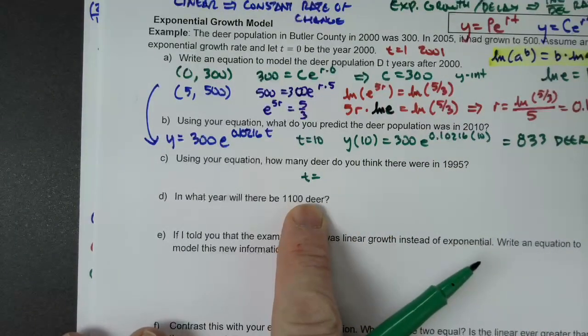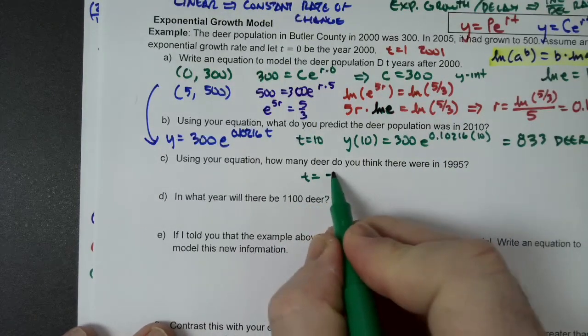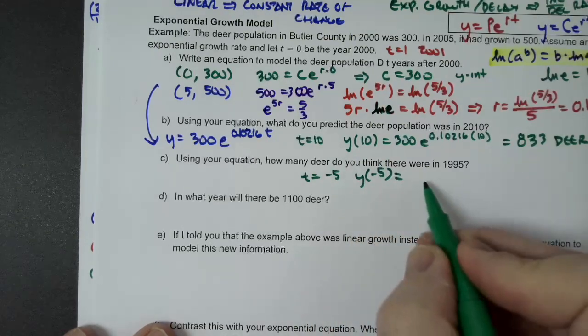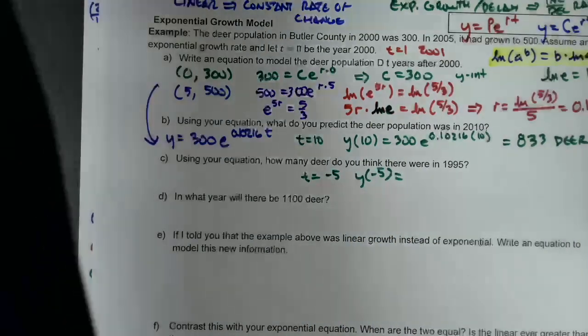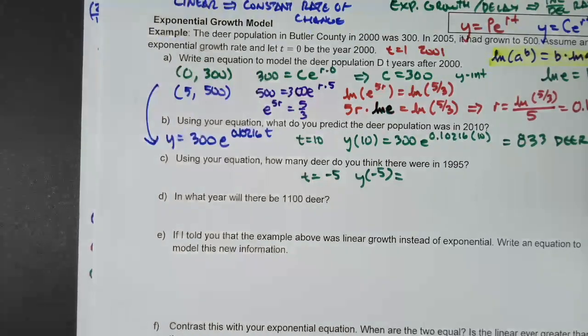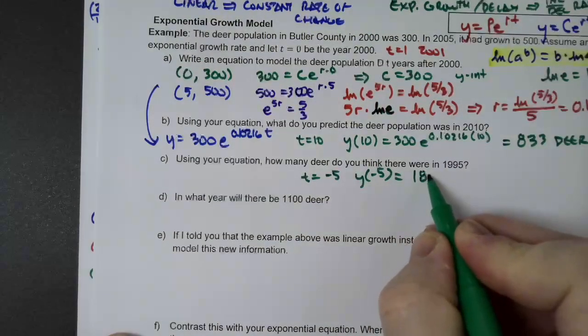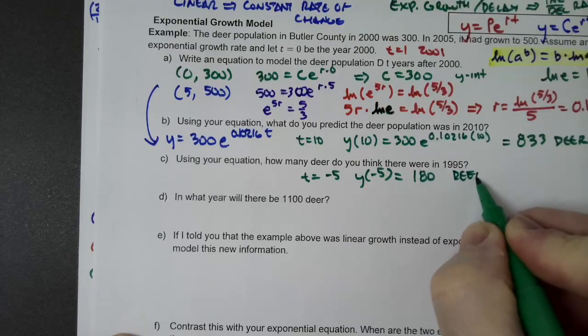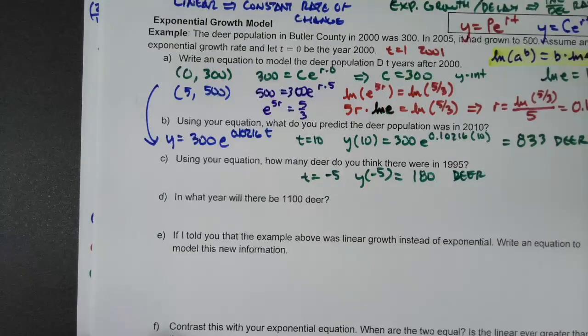So what's t going to be? Negative 5. Can we do that? Yeah. In this particular model, we should be able to go back in time. So let's just put in negative 5 in our table. And it says we would have probably had only 180 deer if this model reflects previous time.